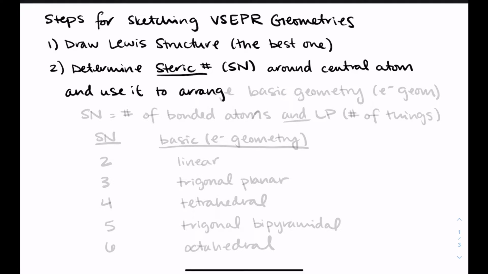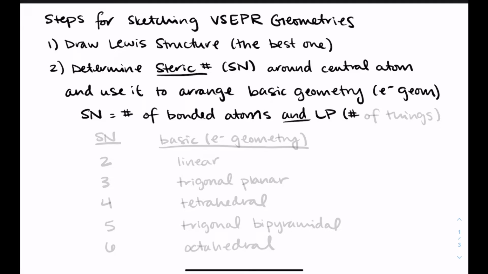The steric number and basic geometry: that steric number is what you will use to put things as far apart as possible. And we're going to draw a lot of fun 3D pictures with this. For now, I've got names, and some of these are going to sound familiar to you. If the steric number is 2, the basic geometry or electron geometry is linear.